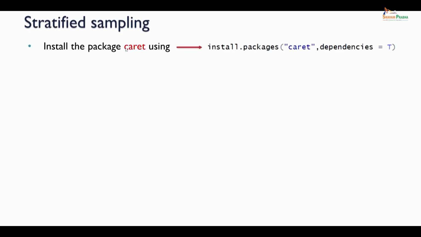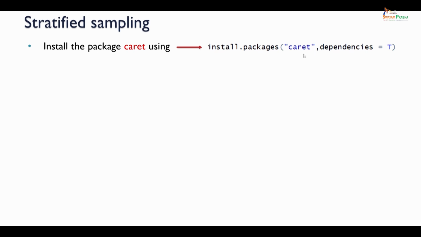To use the function createDataPartition, first we need to install the package called caret. You can use install.packages, and inside the function specify the package name within double quotes, and add another parameter, dependencies equal to TRUE, so that all the dependencies associated with caret will also get downloaded.